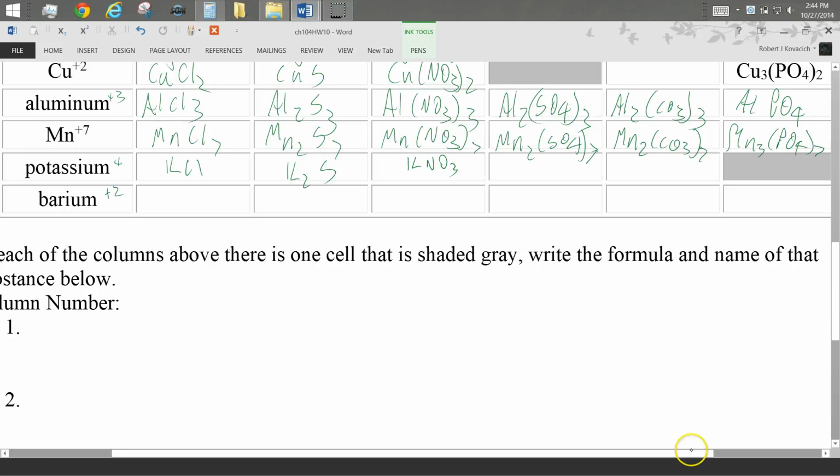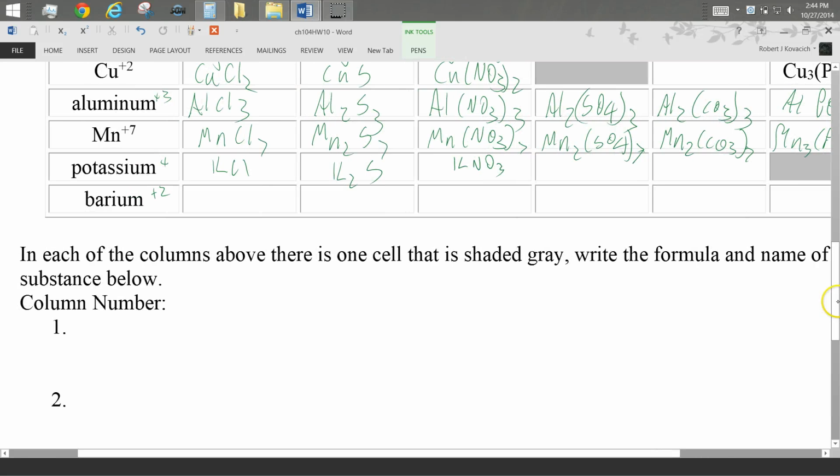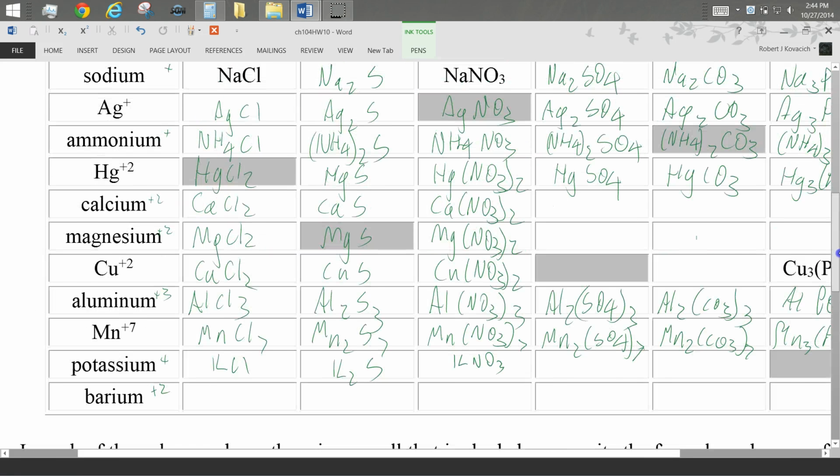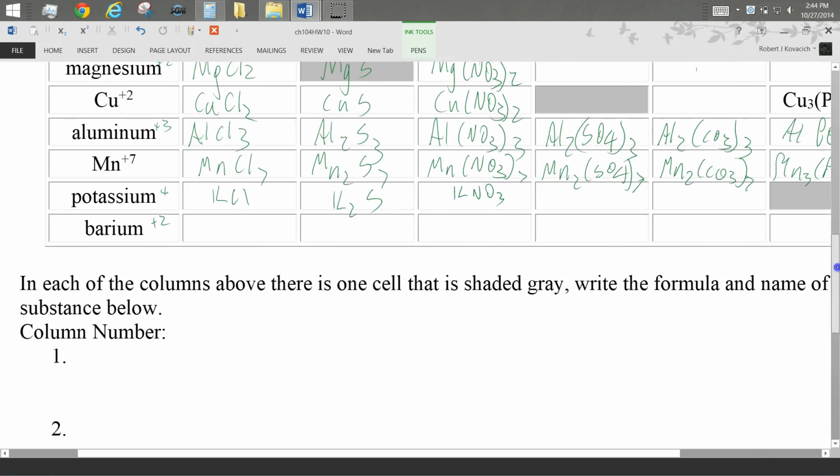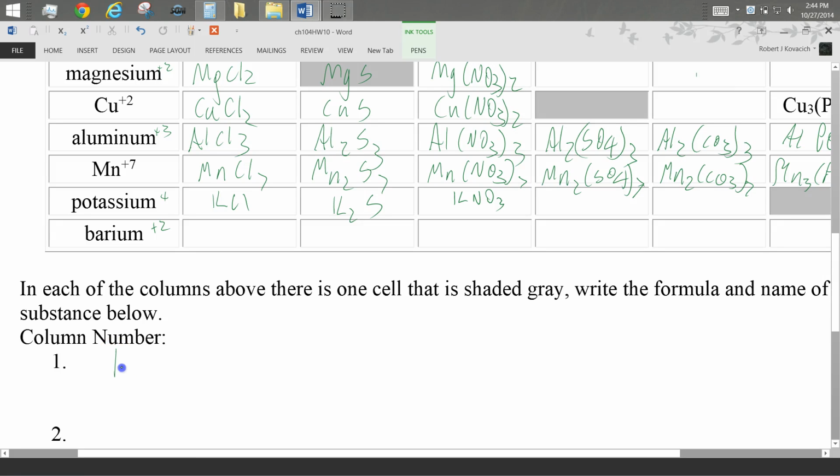So for the ones that we have shaded in above, so column number 1, we're trying to come up with a name for that. So I've got this mercury and chloride. So it's obviously an ionic compound because there's a metal in it. So what's this guy's name going to be? Mercury 2 chloride. Why has it got to be mercury 2 chloride?